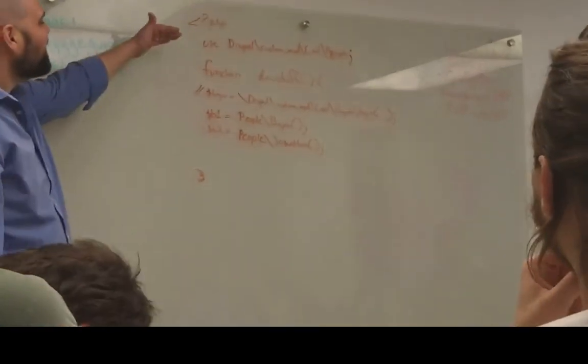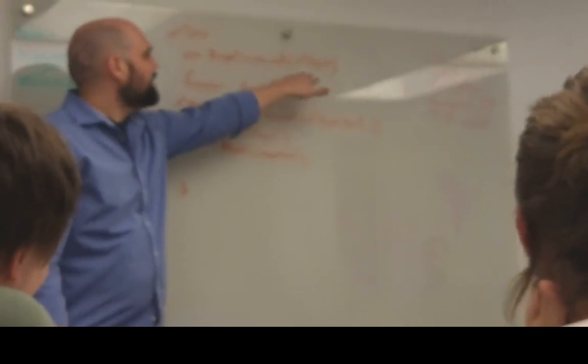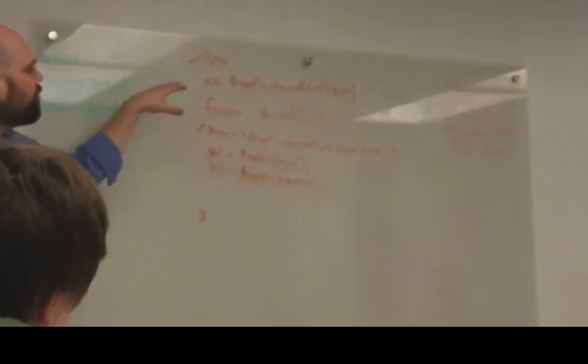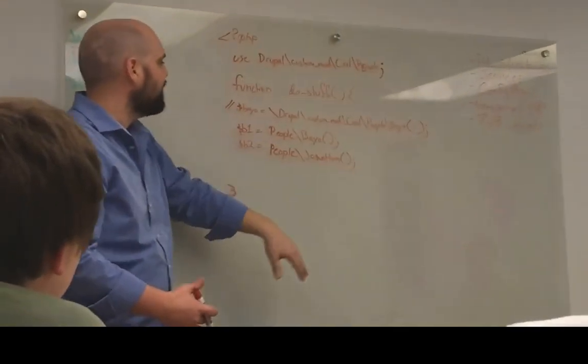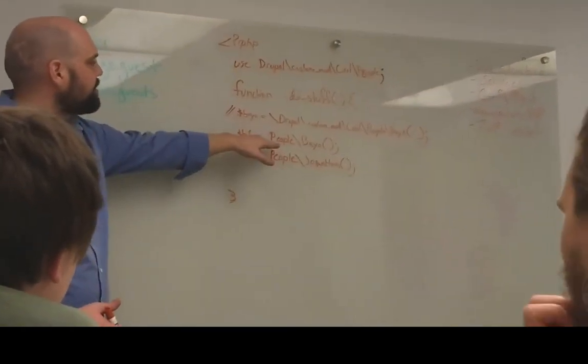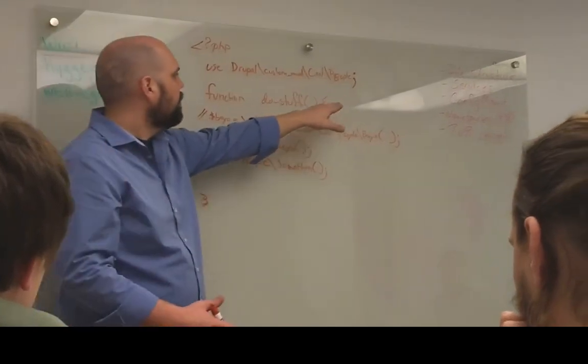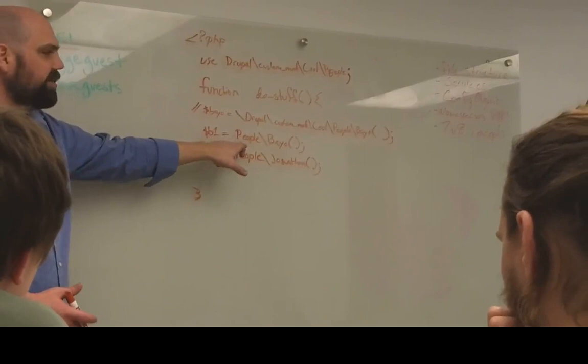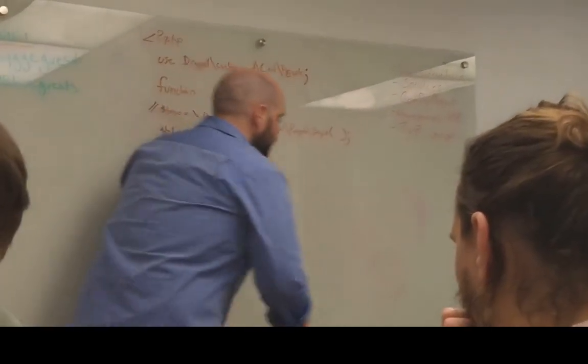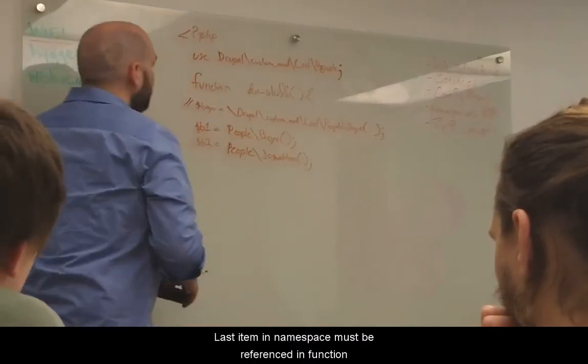Now that sort of pulls in that folder. It's not a folder because it's part of a namespace, but you still have to reference this last item. The last item in the namespace is where you start down here, and you can do tricks with this.